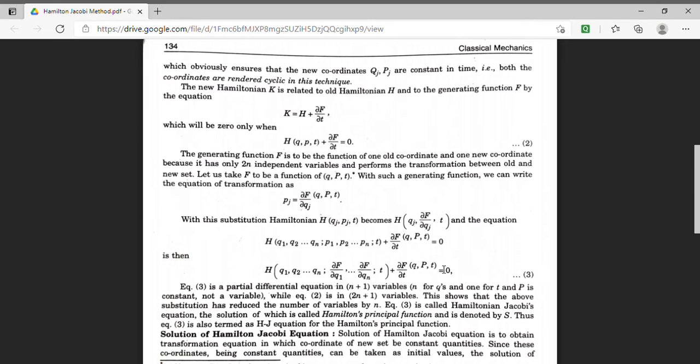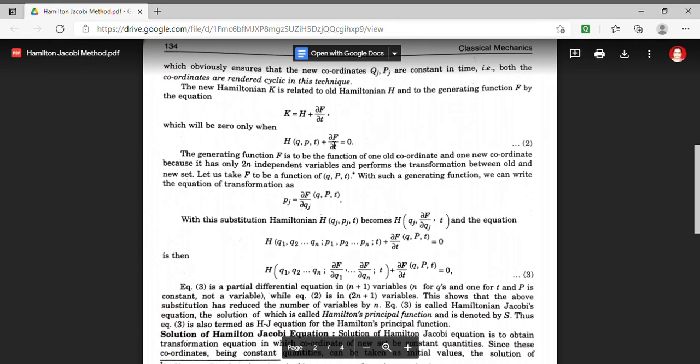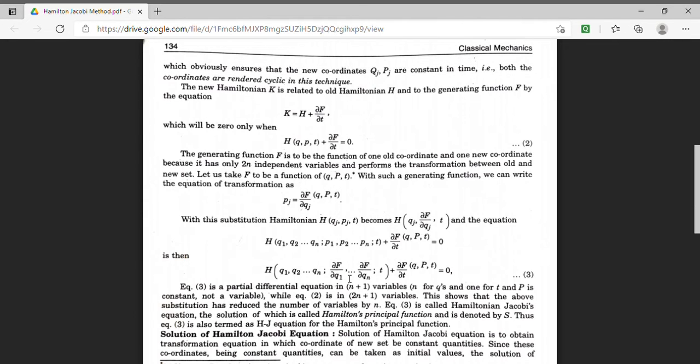So this expression will be a function of only n plus 1 variables, n for q and 1 for t. This expression is obtained by replacing small p by del F by del q. And in F we have q, capital P and t, where capital P is constant.